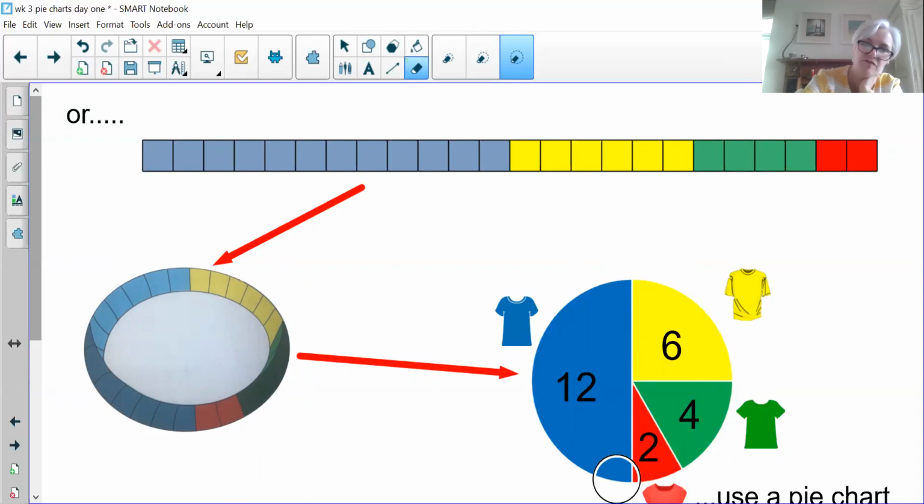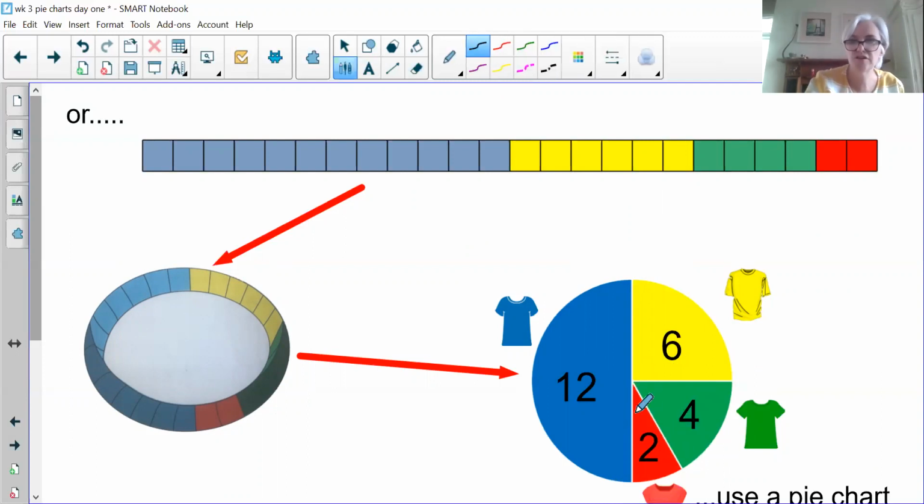We know that half of them were blue, so half of the pie, 12 out of the 24 children that were asked all together, were blue. We know that 6 out of the 24 were yellow, 4 out of the 24 were green, and 2 out of the 24 were red.